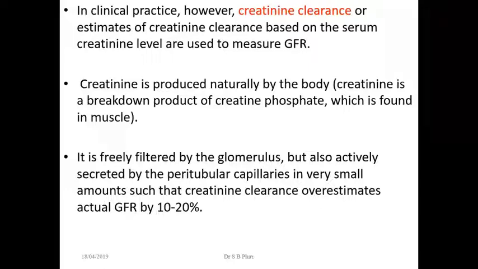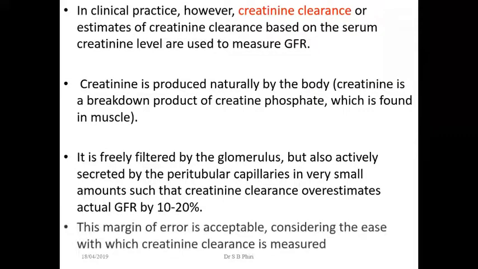You are getting rid of the percentage that is being secreted back into the kidney nephron. That will cover the marginal error, okay?